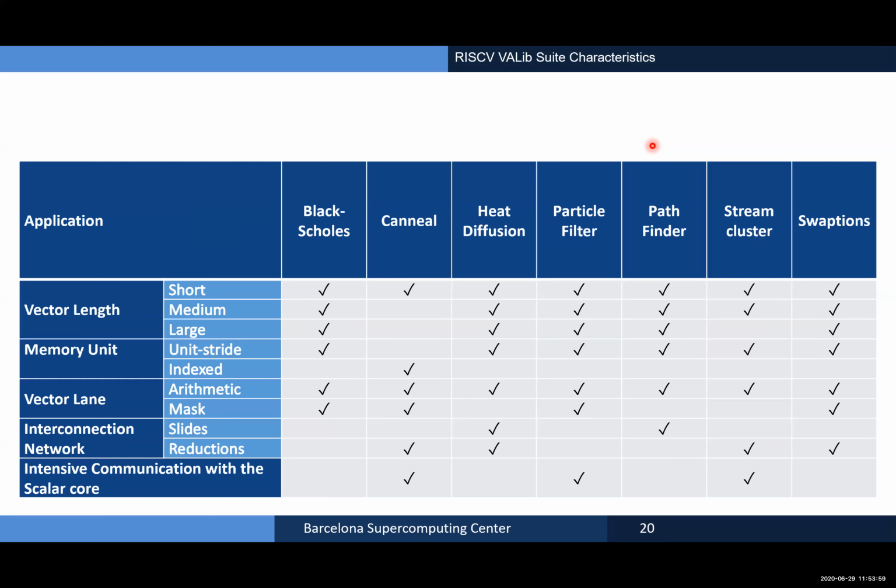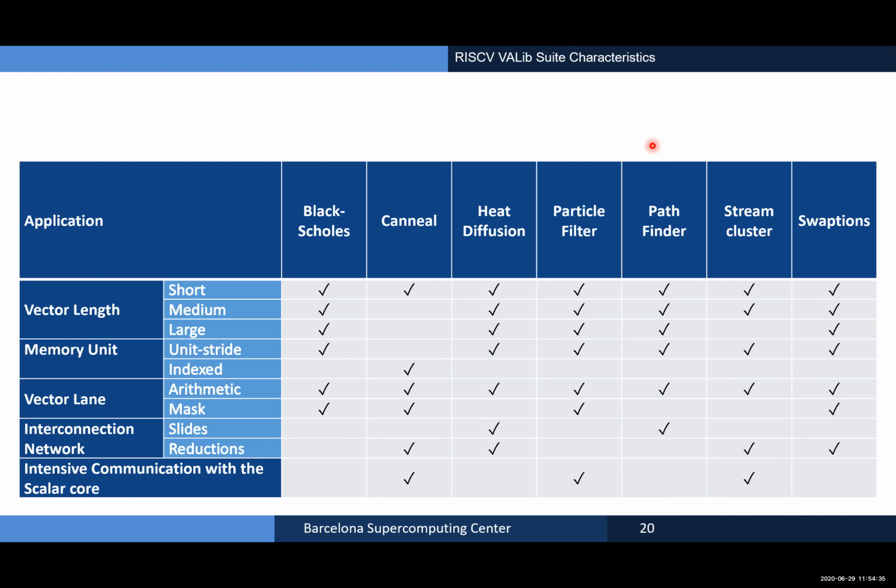For the vector line, we don't want only straightforward arithmetic applications, but also masked operations, where you operate only on the masked elements and the others you do not operate on in that instruction. And for the interconnection network, we want applications which slide over a vector, the elements slide, and we also feature reductions so that we can exercise the interconnection network.